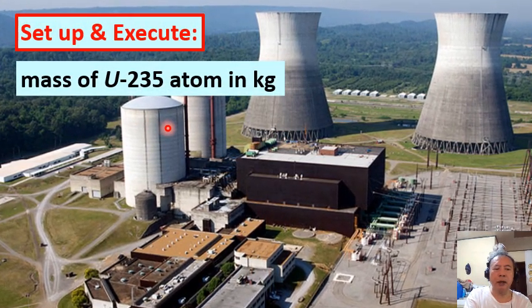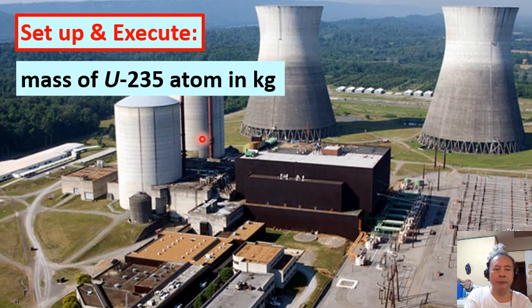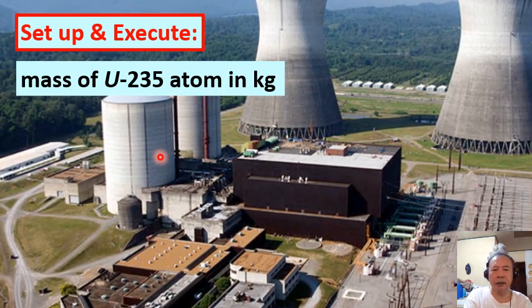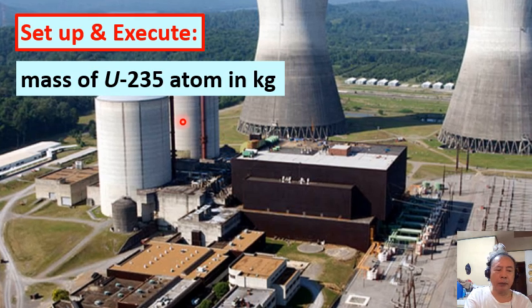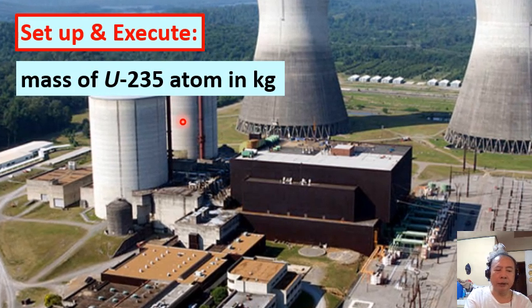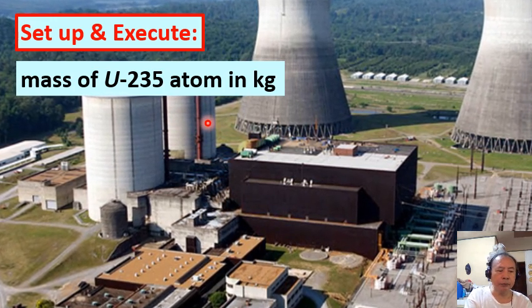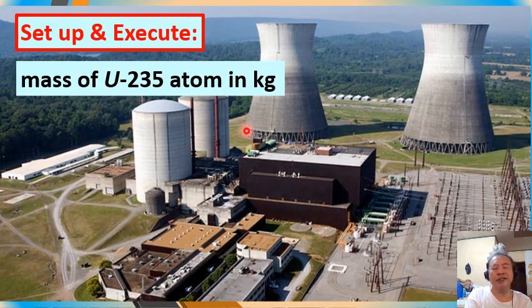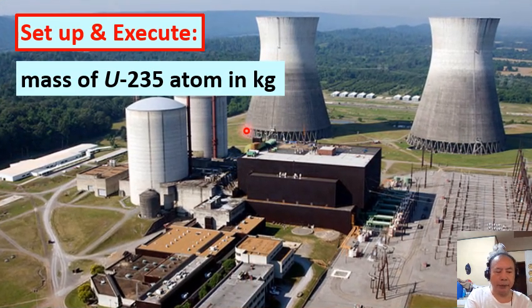We know that the mass number of the uranium-235 isotope is 235 atomic mass unit, or u. So we need to convert this atomic mass to its equivalent in kilogram.